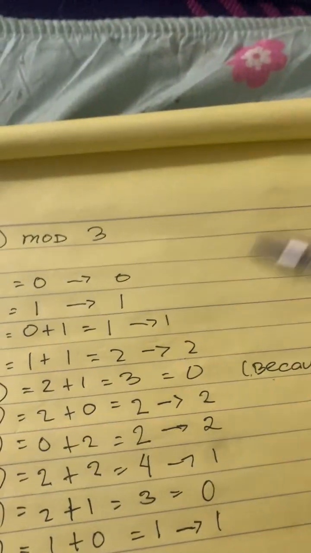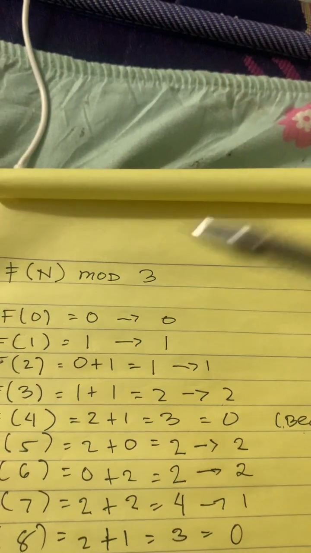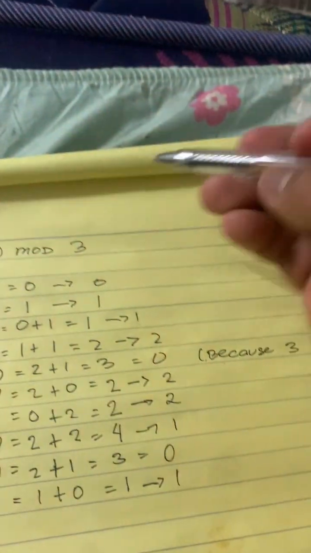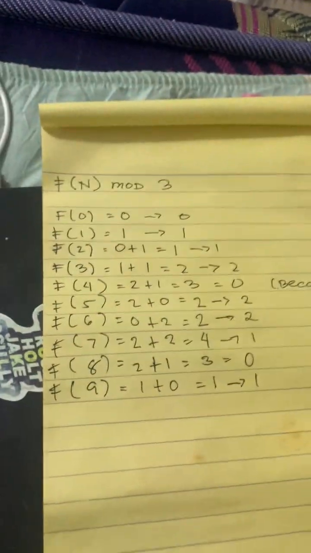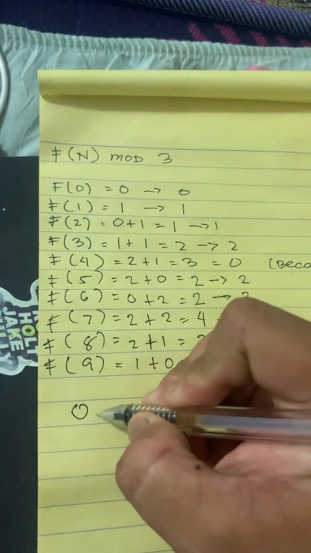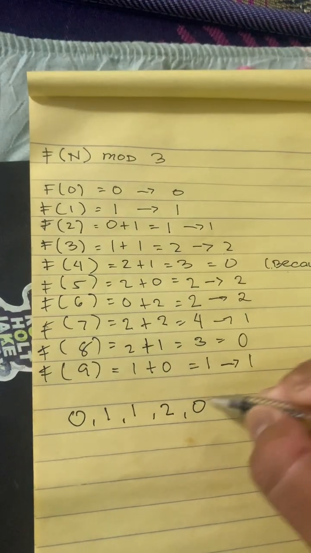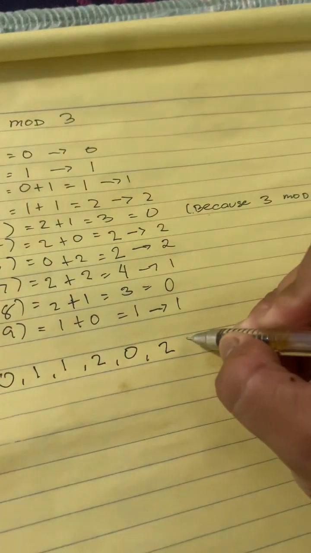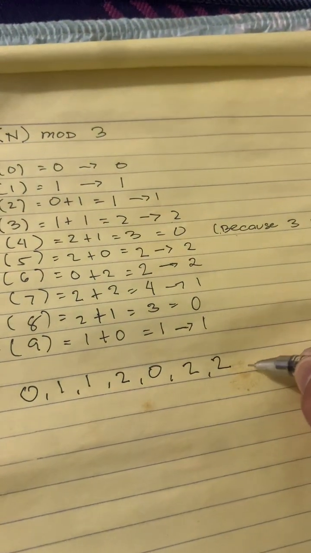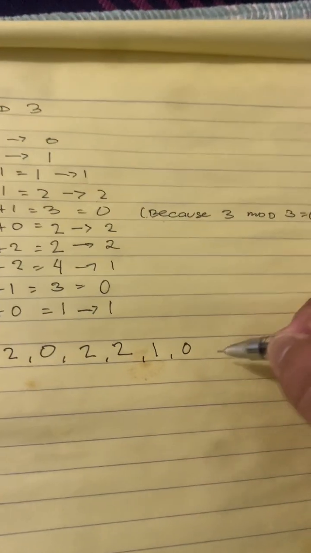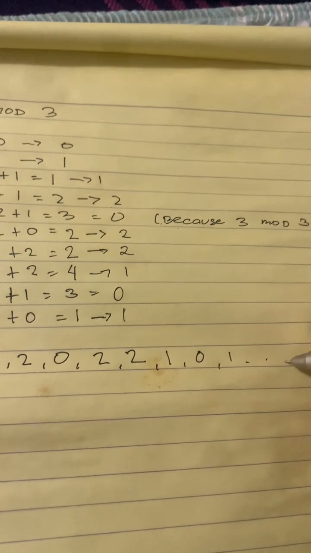For our sequence, this is 1. So if you notice, this is the pattern that we have made for f of n modulo 3. So we can rewrite our pattern, which is 0, 1, 1, 2, 0, 2, 2, 1, 0, and then 1, and so on.